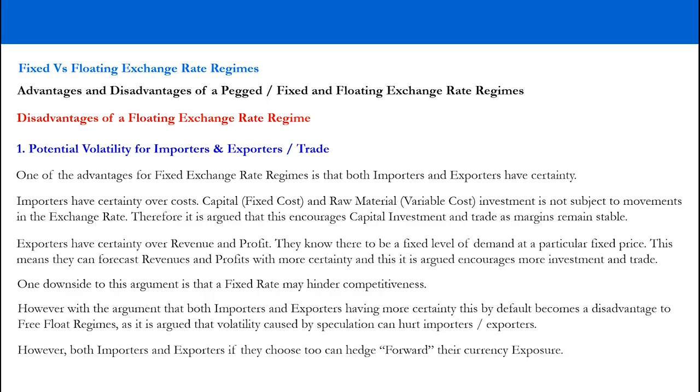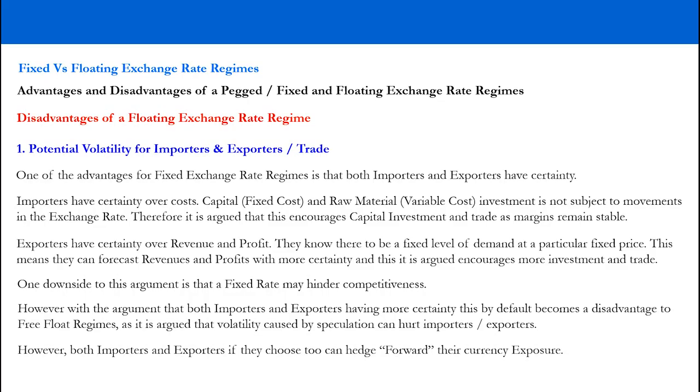So now we're going to look at the disadvantages of floating, the advantages for fixed. And the main argued advantage for fixed exchange rate regimes is the elimination of volatility for importers and exporters in the terms of trade.